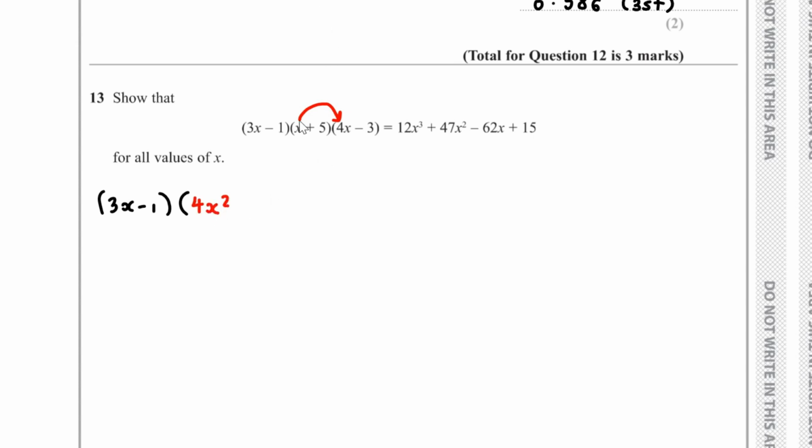Then we have x times minus 3, that's minus 3x, and then we've also got 5 times 4x, so we've got minus 3x plus 20x, that's 17x, and then we've got 5 times minus 3, which is minus 15.